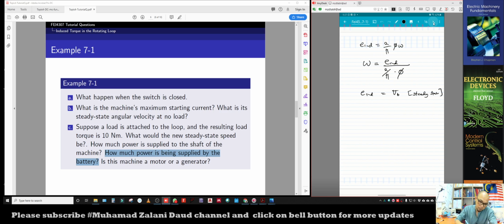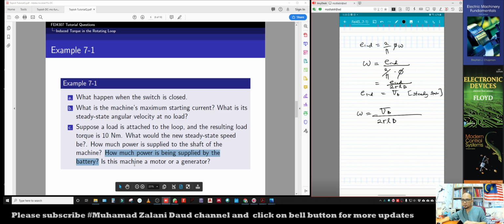So omega is E_in divided by 2RLB, right? At the steady state condition, E_in equals VB. So we can substitute E_in now with VB, because after some time this machine achieves the steady state condition, right?